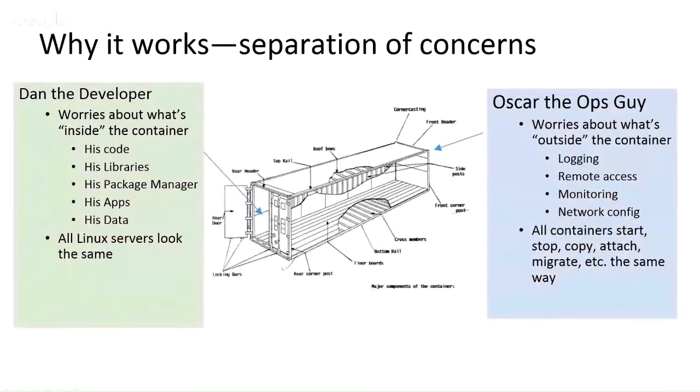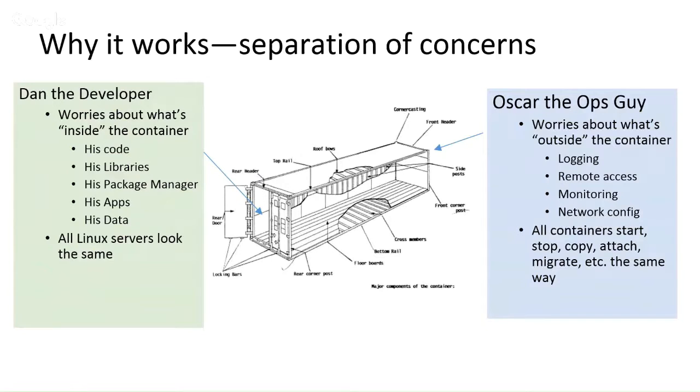Okay, this diagram shows a separation of concerns. For example, Dan, the developer, just worries about what's inside the container: his code, his libraries, the package manager, his application and his data. And he doesn't have to worry about what's outside the container since it is managed by the operations guys. And when it comes to Oscar, the ops guy, he only has to worry about what's outside the container.